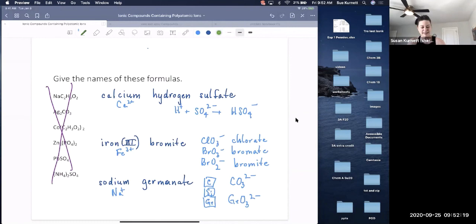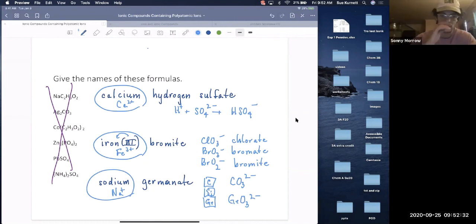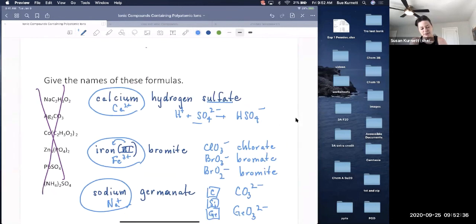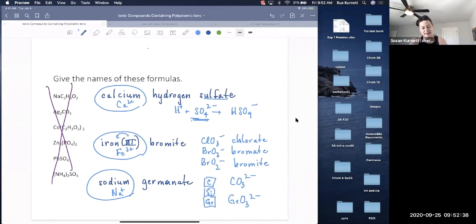The first thing is, find the cation on the periodic table and what's its charge. And the transition metal one, I had to tell you what the charge was, iron 3. And then here, it's not sulfate, but it's related to sulfate. So I start with sulfate, and then I add the hydrogen, and I see how the charge changes.